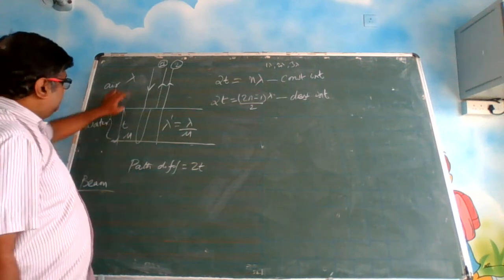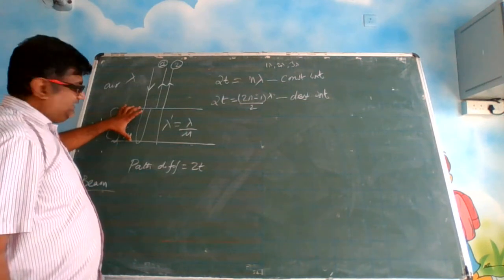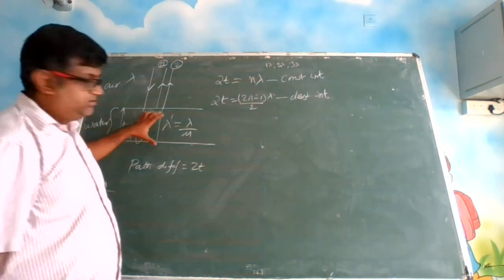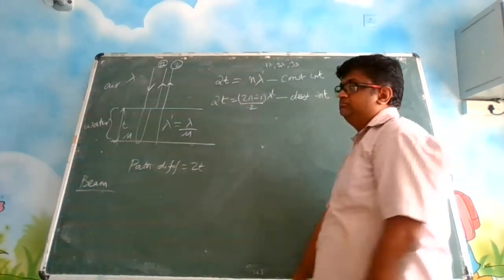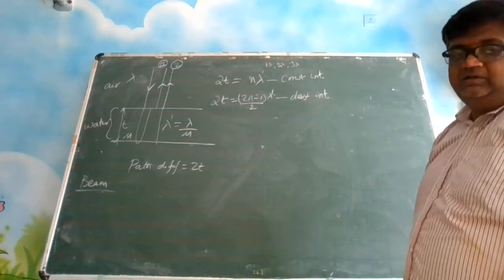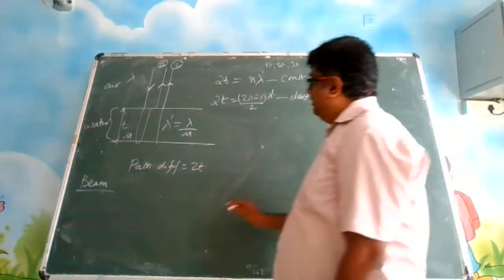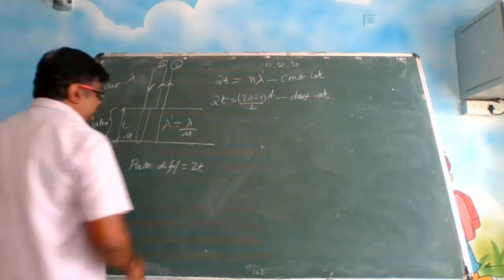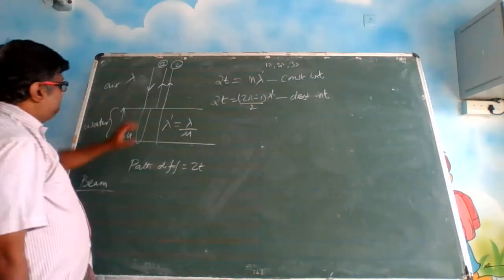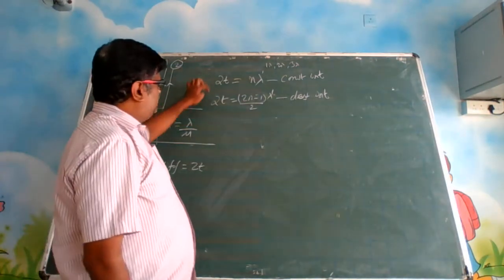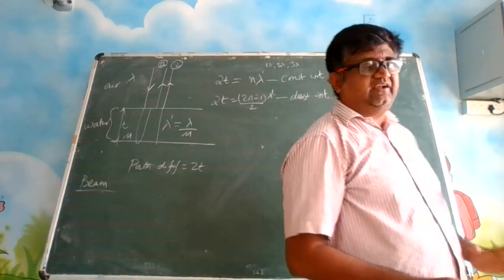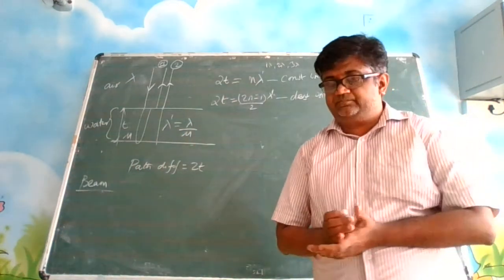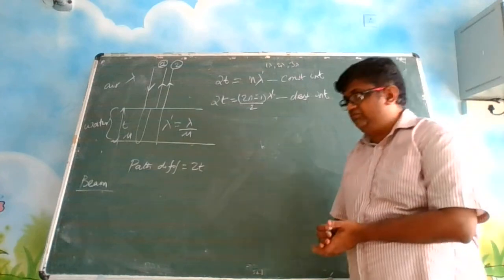So the wavelength of the ray in this region you have to put, lambda dash. Okay. Now let us discuss an important concept here. Look here. You got two cases. You have to see whether there is a pi shift or not.